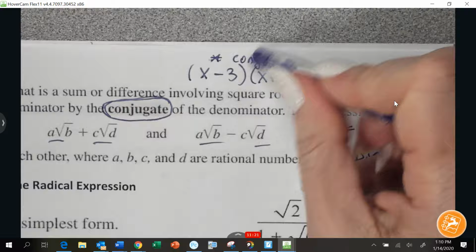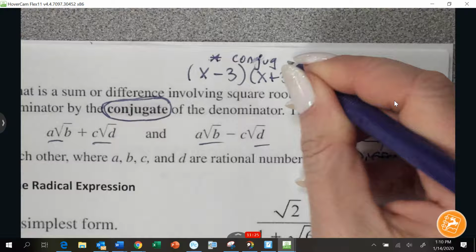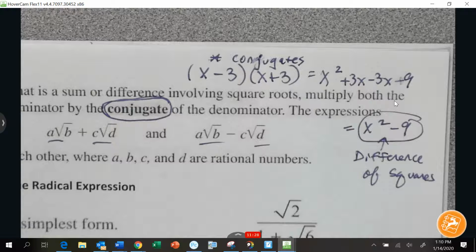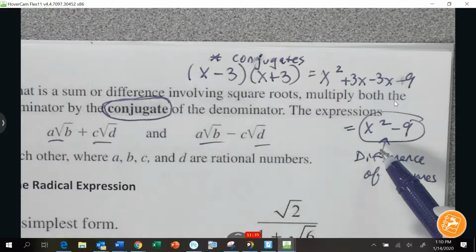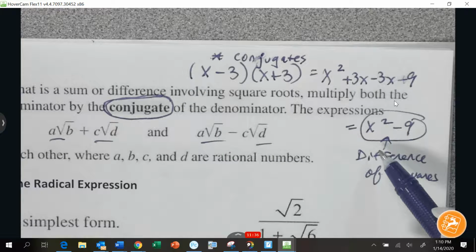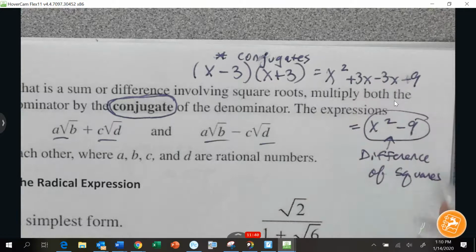Trying to squeeze this in. Difference of squares. We did a lot before break, and we'll continue. Forgot about factoring. Good old factoring.